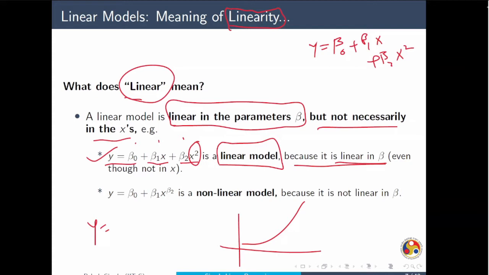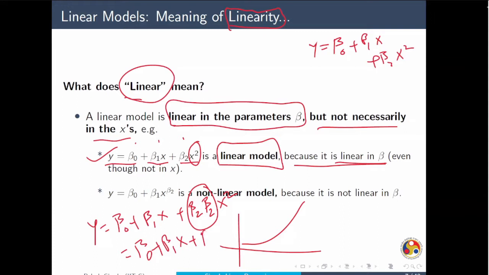So you are saying beta 1 multiplied by beta 2 and then x, x square, this form? But why do you do that? You can replace this with a single beta star x.